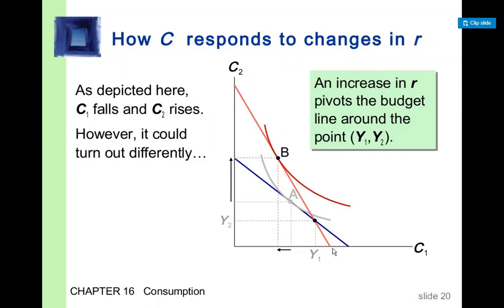So you can see the red color new budget constraint. This new budget constraint pivots the budget line around the point Y1 and Y2, you can see here.